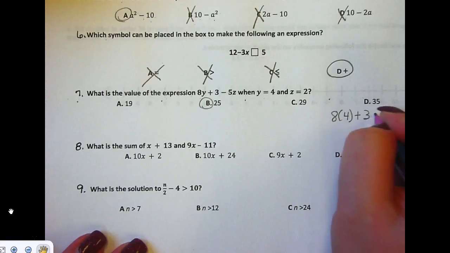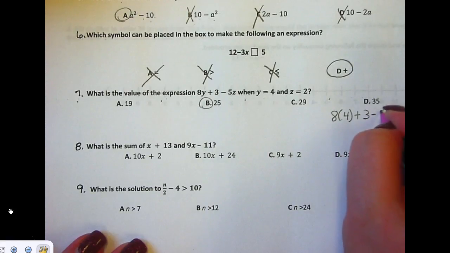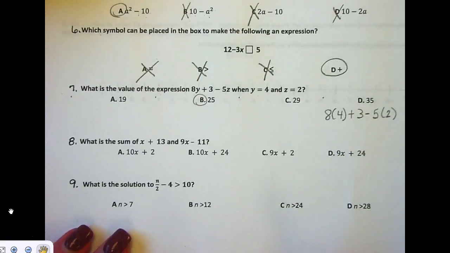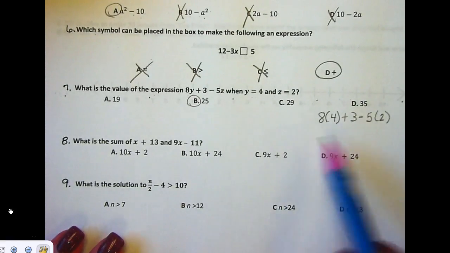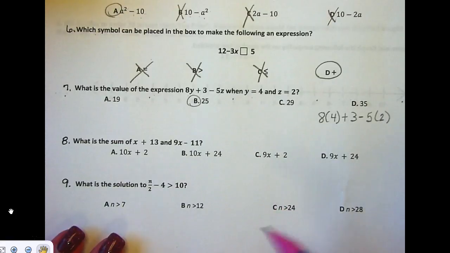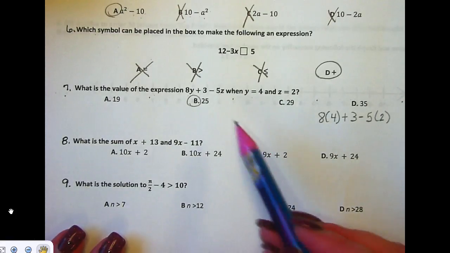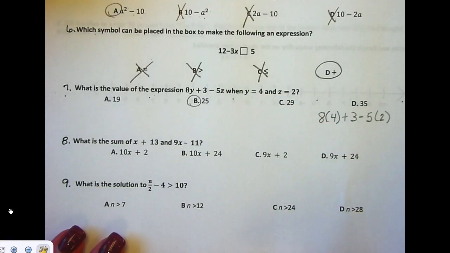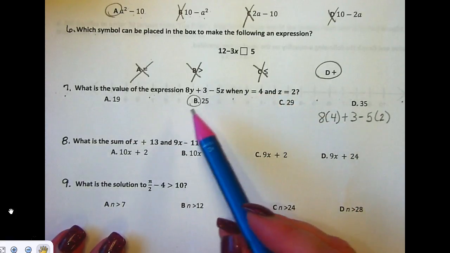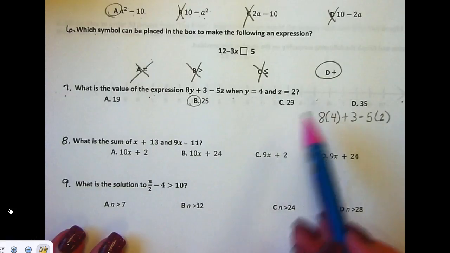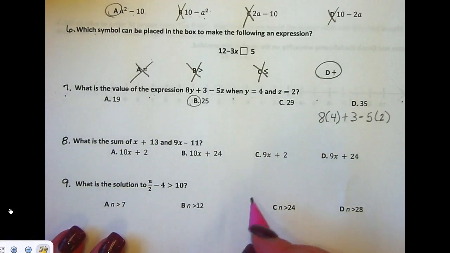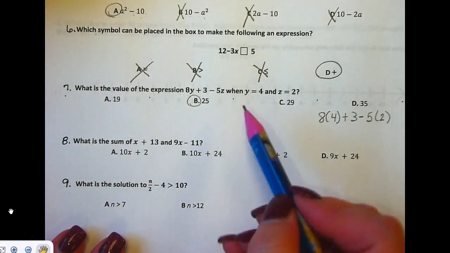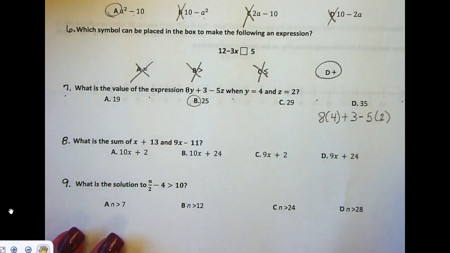Plus 3 minus 5 times z, and what is z? 2. So lots of us seem to still be struggling with this concept of substitution on our homework. It just means change out the number for what the variable represents. Lots of us are still trying to make this, instead of 8 times 4, we're trying to make that 84. You have to realize when they're next to each other, that means to multiply.